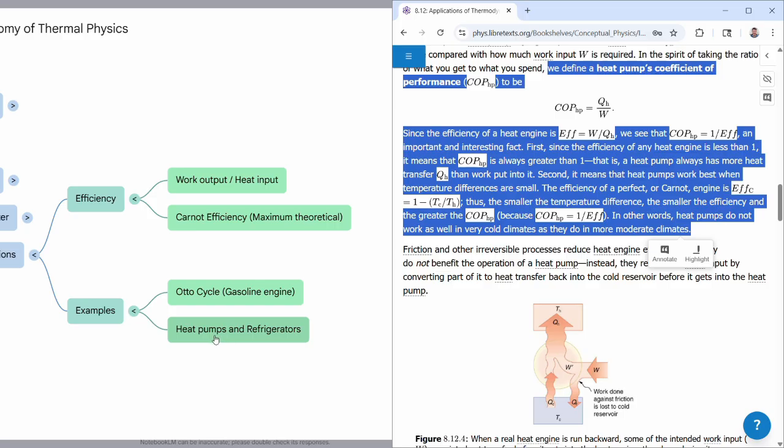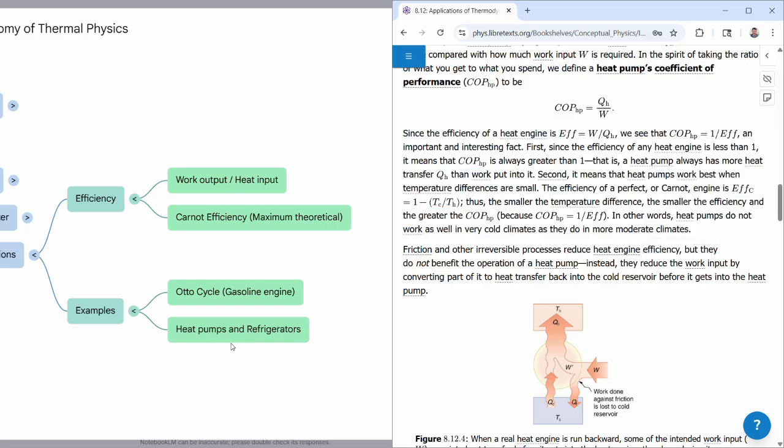So if you have a portable heater, sometimes people say, oh, those are quote unquote 100% efficient because all the electrical energy turns into heat. Well, that's the lowest efficiency a heating device can have. They can actually be more efficient with something like a heat pump.